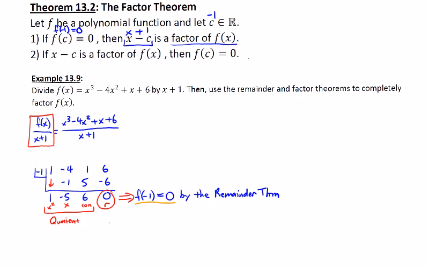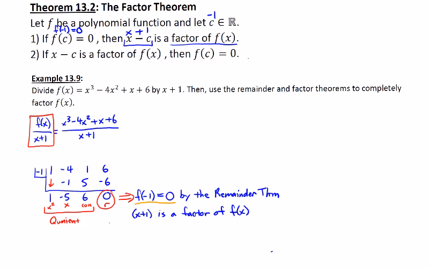So now I can make another statement that says x plus 1 is a factor of f, or really, it's a factor of f of x. Now that's really fascinating. So synthetic division, if the remainder is 0, will actually simulate a factoring for us.